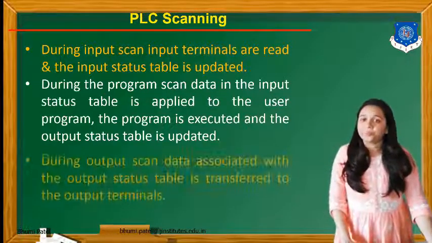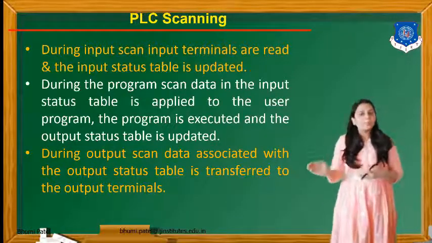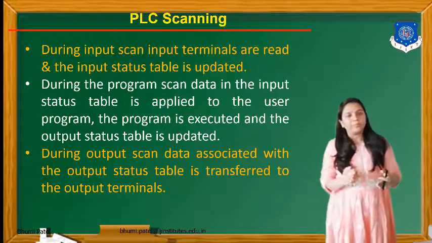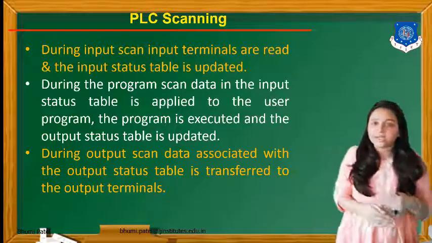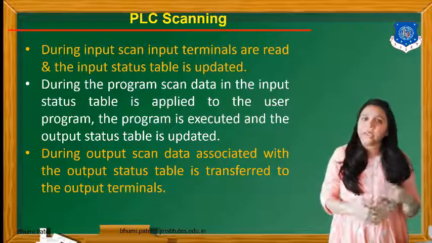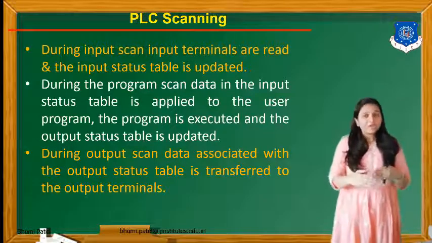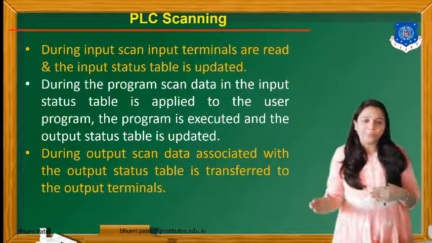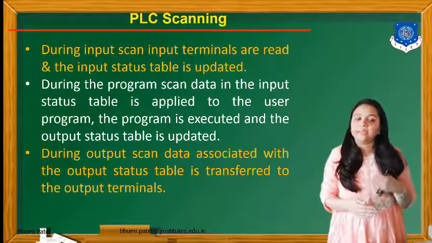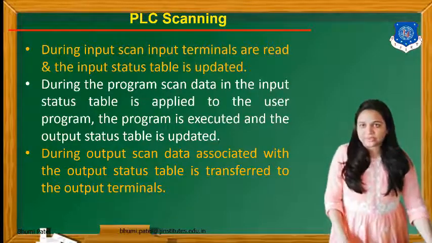During the output scan, data in the output status table is transferred to the output terminals. So in every ladder logic diagram, the input terminals are scanned first, then the program scan, and last the output scan. If we change the value of the input terminals, the program is scanned again, and the output is updated according to the input changes.